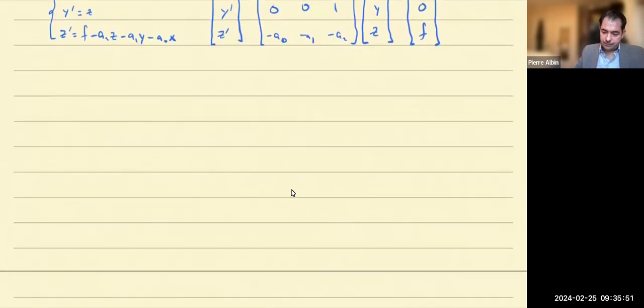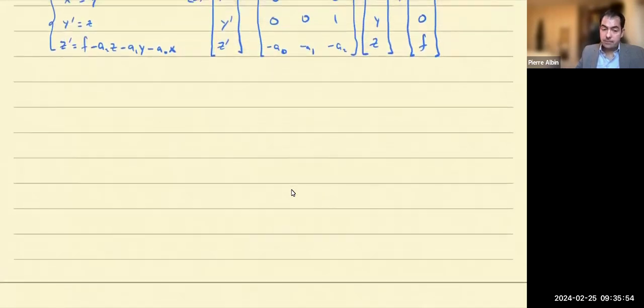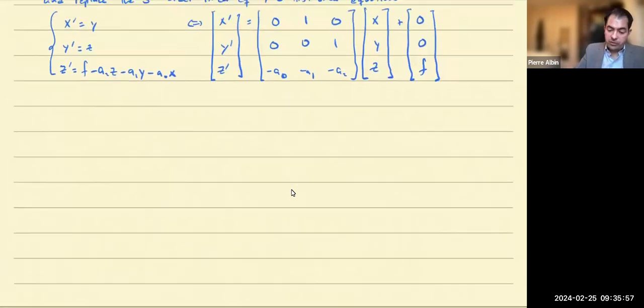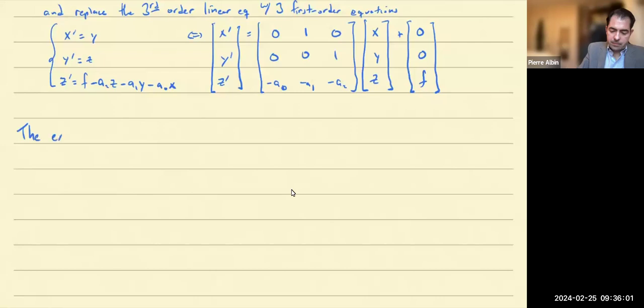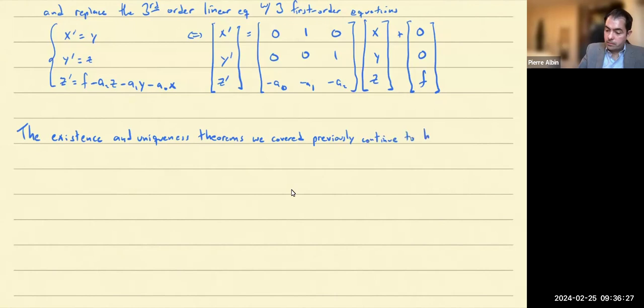In fact, let me point out that the existence and uniqueness theorems that we covered previously continue to hold when working with vector valued functions.